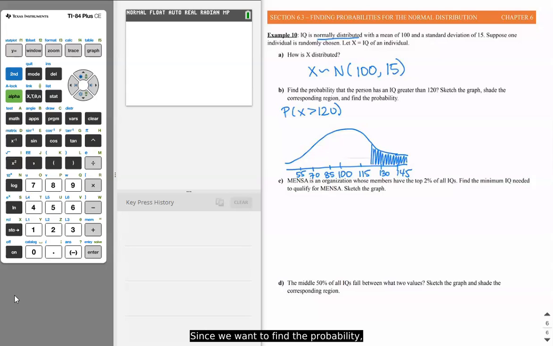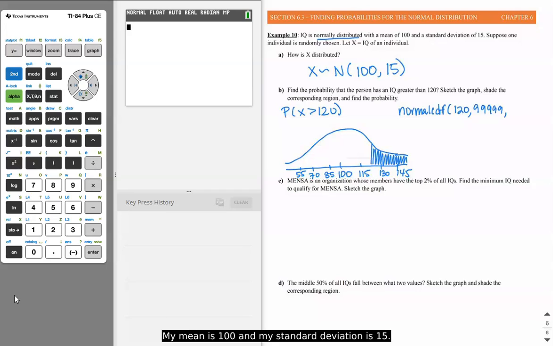Since we want to find the probability, we're going to use our normal CDF function. My lower limit is going to be 120 in this case. That's the lowest value. My highest is going to be 99,999, because we're going to positive infinity, but we can't really say positive infinity in the calculator, so we just choose a large value.